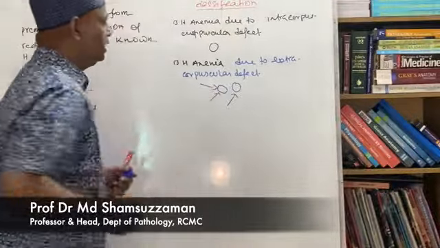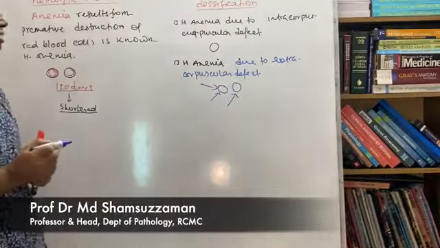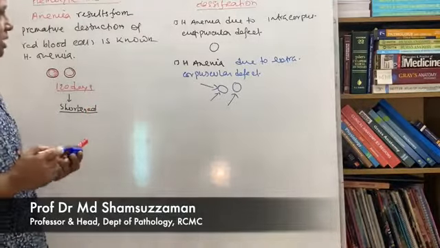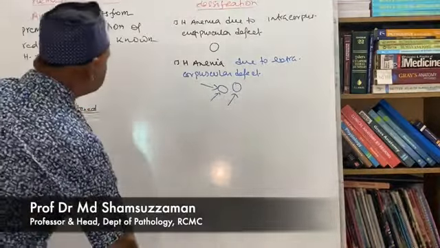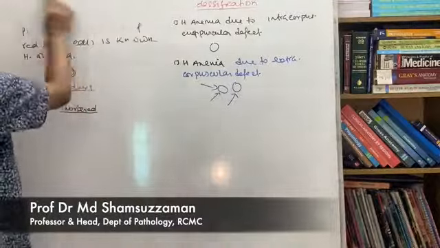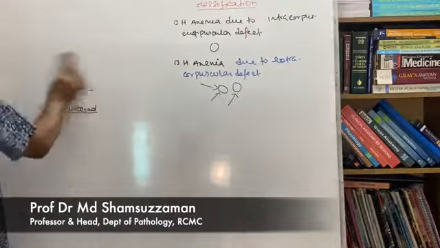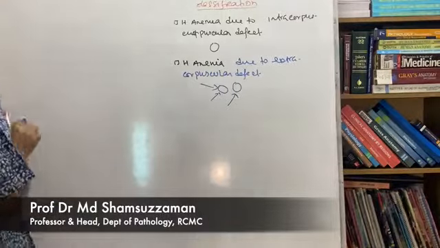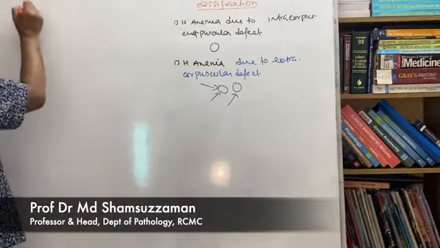Then it is called hemolytic anemia due to extracorpuscular defect, and it is an extrinsic mechanism. Now come to hemolytic anemia due to intracorpuscular defect.